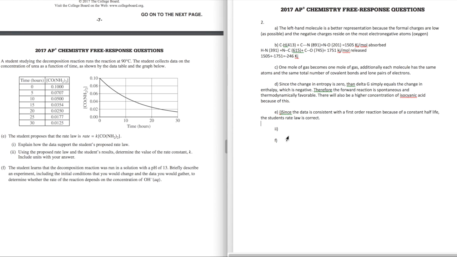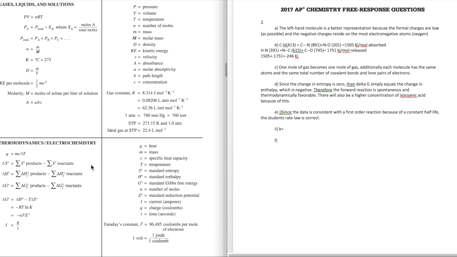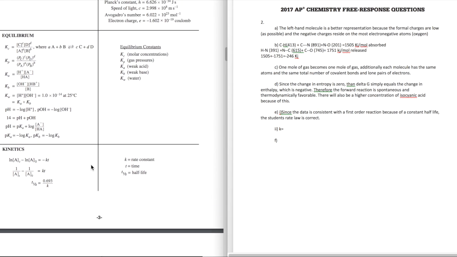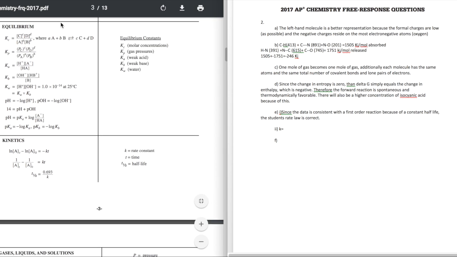So we can find the rate constant by using, there are lots of equations for this, but the easiest in this case, since it's a first order reaction with a constant half-life, is the equation K, the rate constant, equals... this should be right on your equation chart. Whenever you're taking the exam, always look at this equation chart.